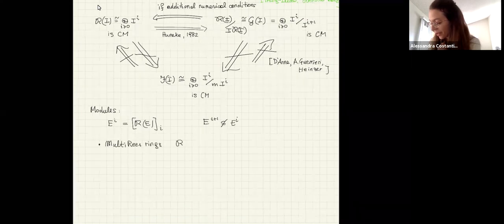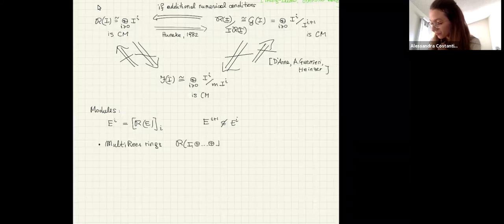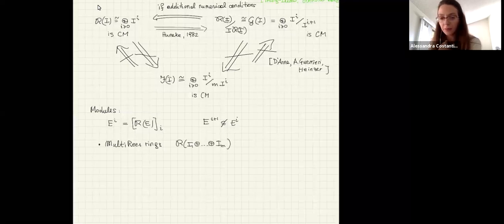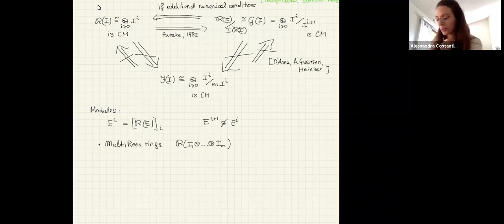so I'm talking about Rees algebras of the direct sum of ideals. This is very well studied, but it's sort of special because the fact that this is a direct sum is giving extra structure that you wouldn't usually have for modules.